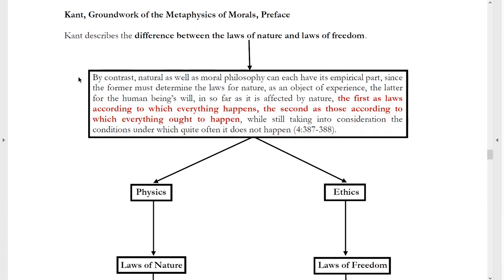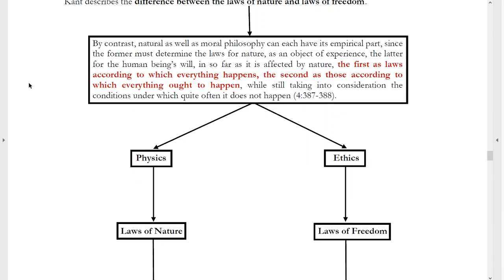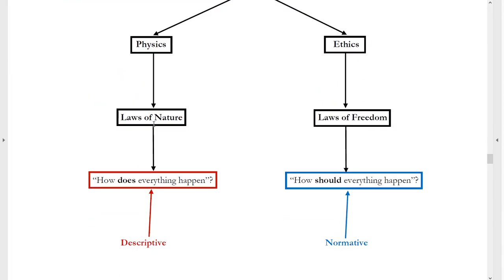Okay, so another way in which he characterizes the difference between the laws of nature and the laws of freedom, he says the first as laws according to which everything happens, the second as those according to which everything ought to happen. So he says the laws of nature are just laws that say, how does everything in the universe happen?